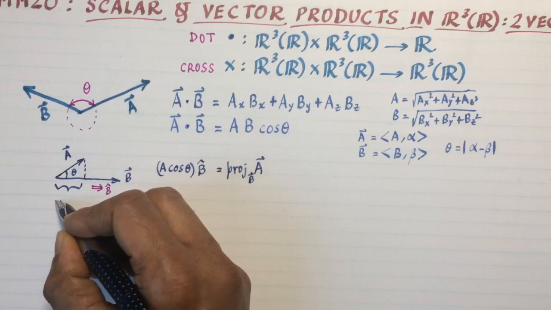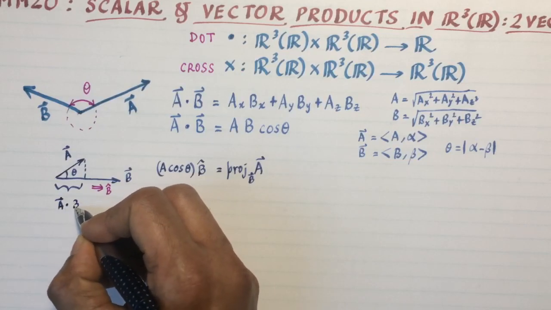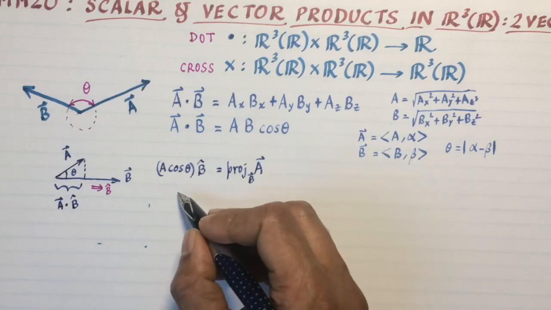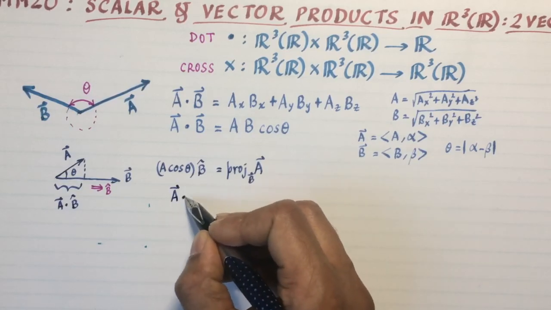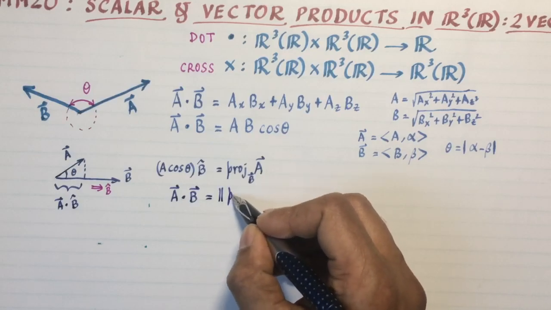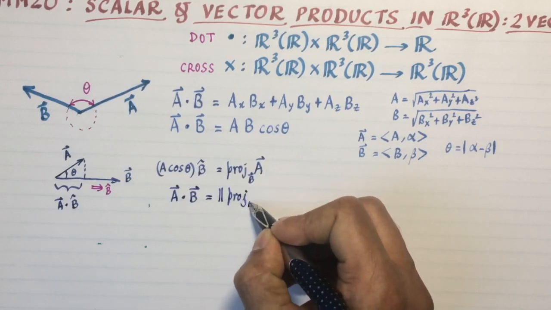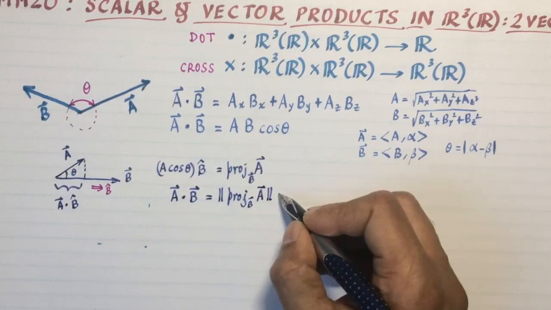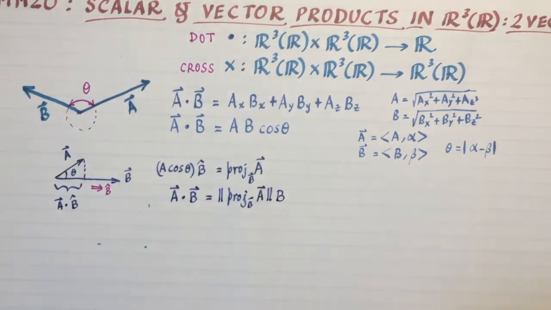So this length is A dot B hat, and so A dot B is just the magnitude of the projection times the magnitude of the vector B. So it's just that.